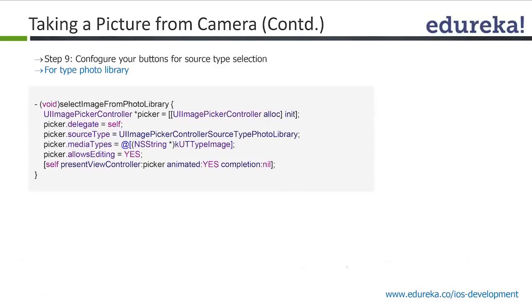Here also you will have media types and allows editing. Whenever you mention the media type as image, it will not show you any videos present on your phone. It will show only images present in your photo album.